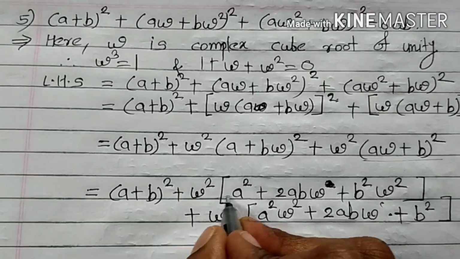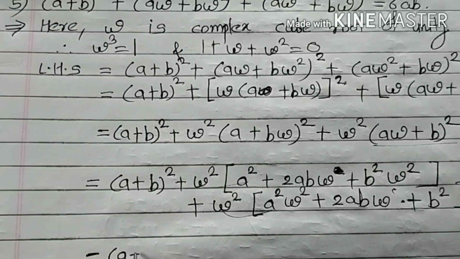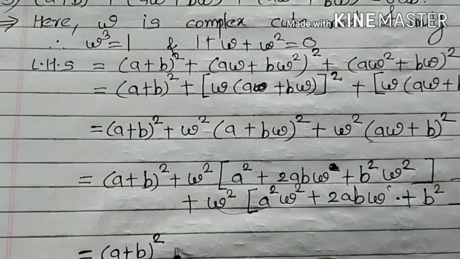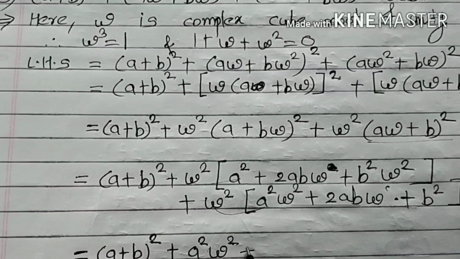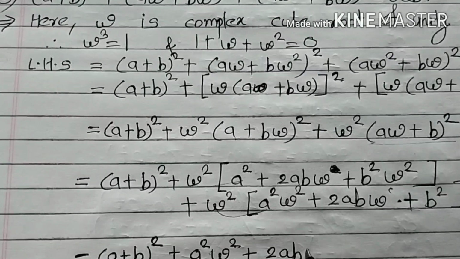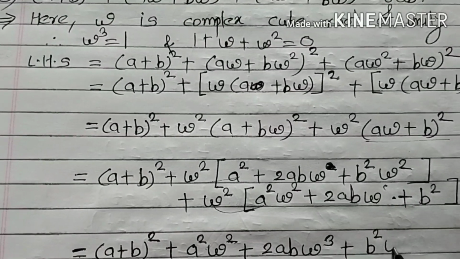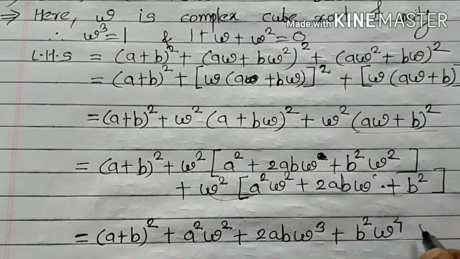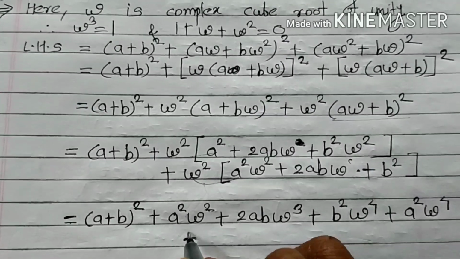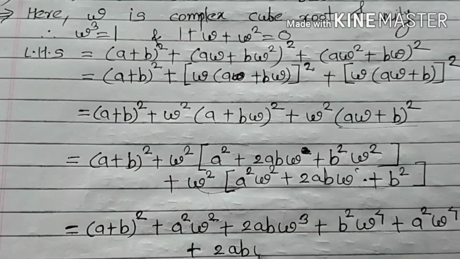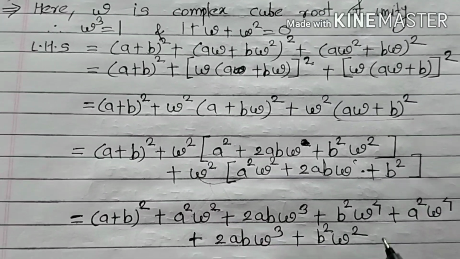Now multiply this omega in this bracket and this omega in this bracket, so we get (a plus b) whole square plus a square omega square plus 2ab omega cube plus b square omega raised to 4, and this a square omega raised to 4 plus 2ab omega cube plus b square omega square.